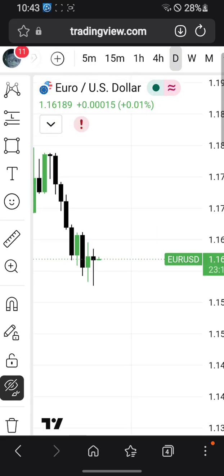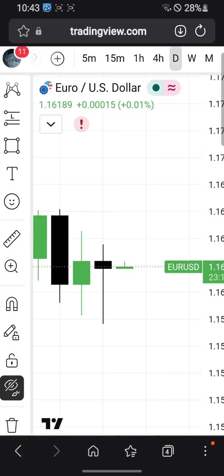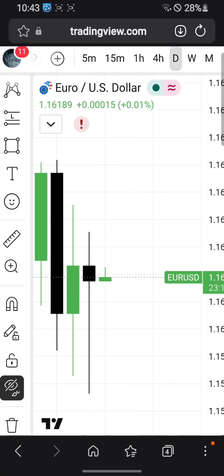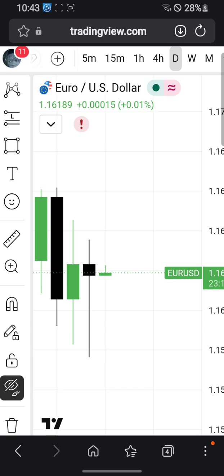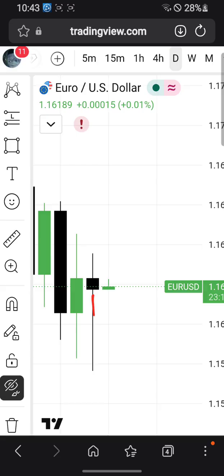It is not big. This is today's candle here that I want to show you. You look at how they traded. Came down, went up, came here and closed.